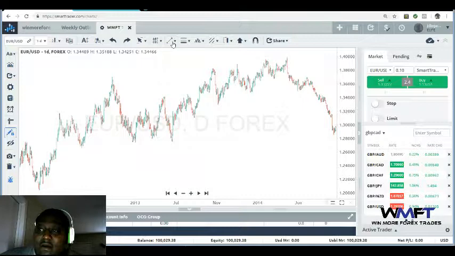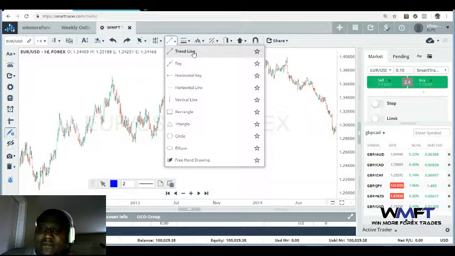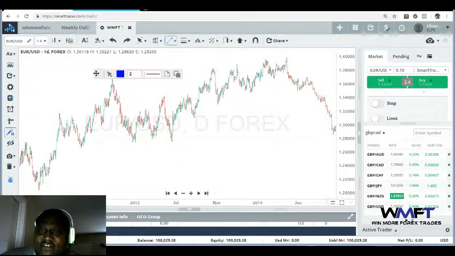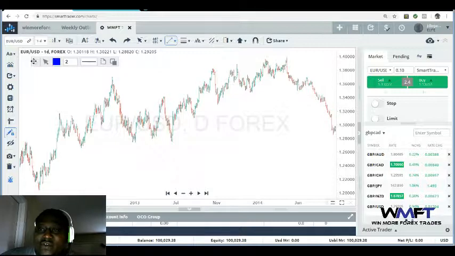A lot of those trend lines really were not placed in the right positions, and it's really simple to draw your trend lines.